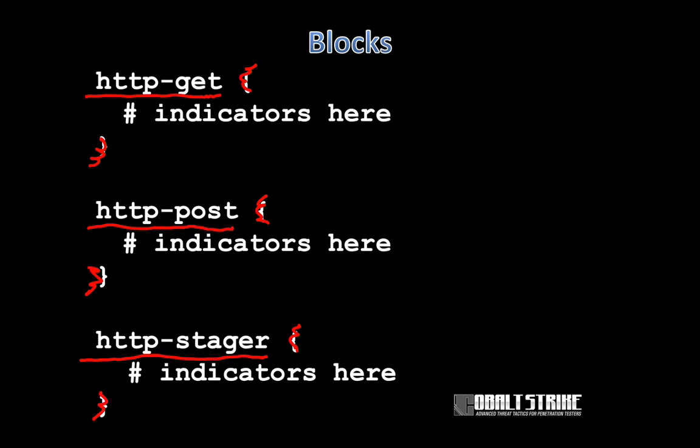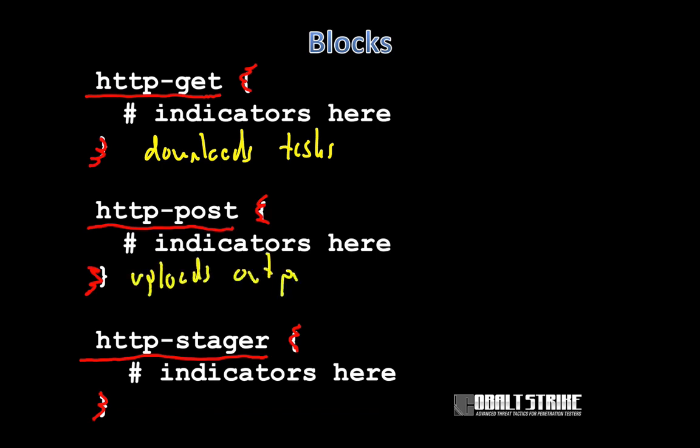So for example, the HTTP GET block is how Beacon downloads its tasks. The HTTP POST block controls how Beacon uploads output back to the Cobalt Strike team server. And the HTTP Stager block shapes the content of the staging process.